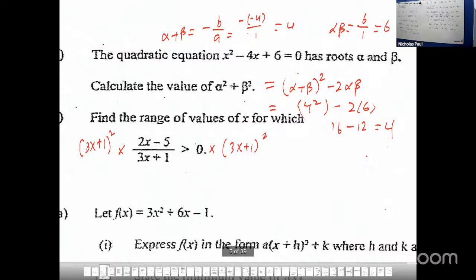Technique. Don't forget me, please. Alexa, Tyler, don't forget me. Right, Tyler got the first one, Alexandra got the first one.